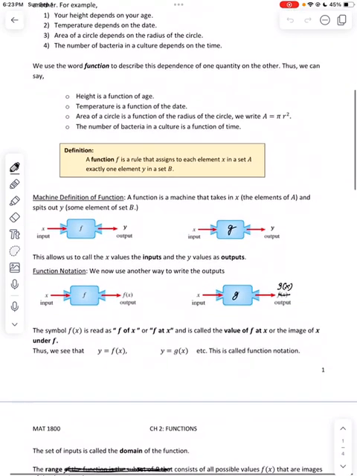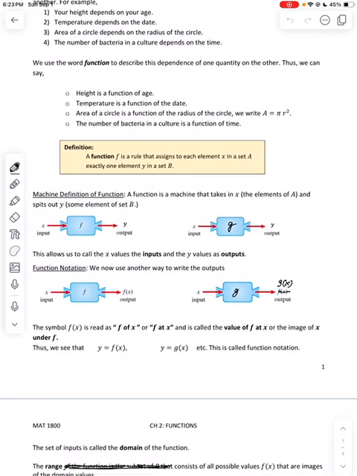Well, you should be able to see that we see functions actually every day in our life, and that we are surrounded by functions. And what is a function? A function is actually a special kind of relation, and a relation happens when one quantity depends on another quantity.